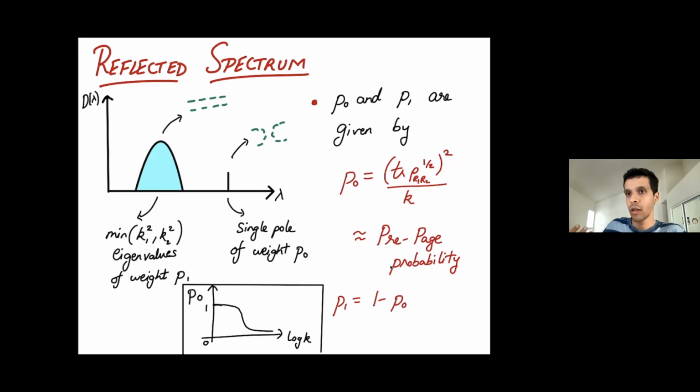This is also the probability that shows up in Petz reconstruction. And it has this interpretation of the probability of being before the phase transition. So the weight of this pole has this interpretation of being the probability of not having undergone the phase transition, and hence it's in the disconnected phase.